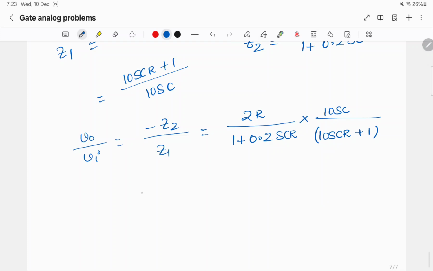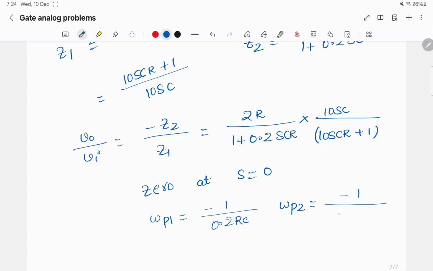So clearly we have a 0 at s equals 0, a pole omega P1 at minus 1 by 0.2 RC, and a second pole at minus 1 by 10 RC.